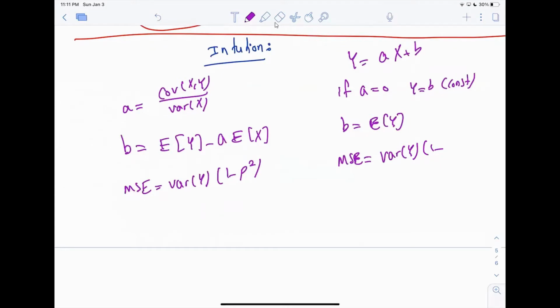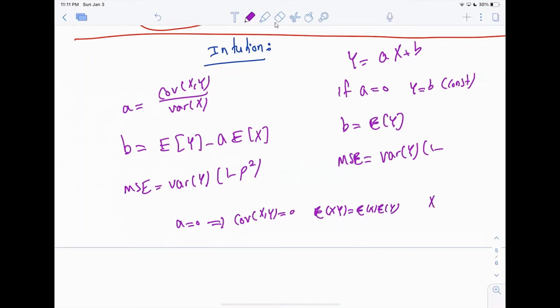What should happen for a to be 0? A is the covariance of x and y divided by the variance of x. When a is 0, this means that the covariance of x and y is 0. This means that E[xy] is equal to E[x]E[y]. What does it mean?